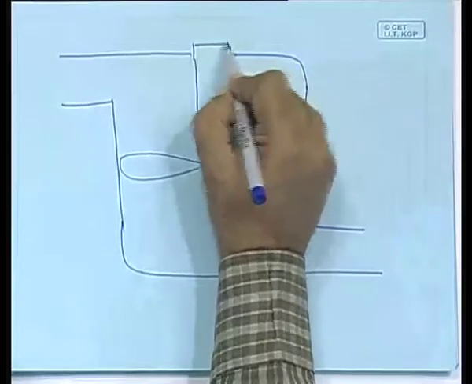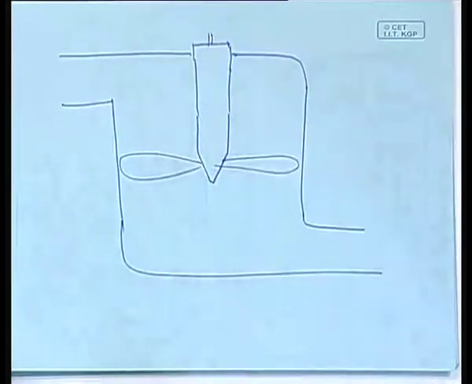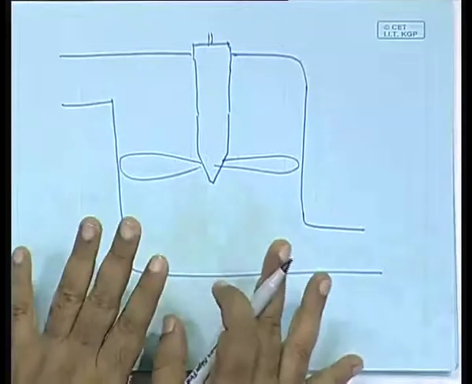Okay, and you have the shaft of the generator there. I am drawing a very simplified diagram just to give you an idea. In any book on the turbines you will get a better picture of it, but presently I am trying to give you the essential feature.